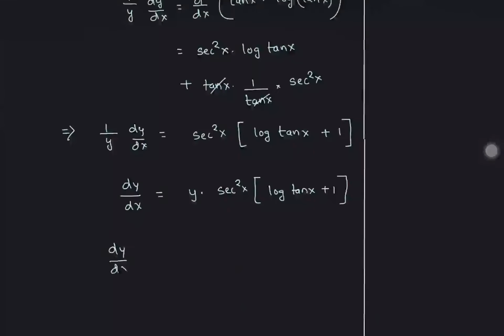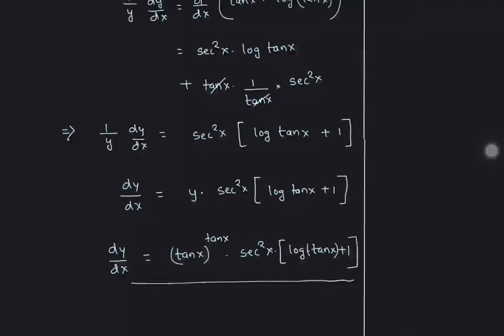So you get dy by dx will be equal to tan x to the power tan x multiplied to sec square x multiplied to log of tan x plus 1. Okay, so this will be your final answer.